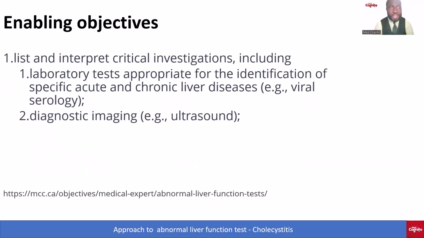And then another enabling objective: list and interpret critical investigations, including laboratory tests, which are appropriate for the identification of specific acute and chronic liver diseases. And then diagnosis, imaging, ultrasound.